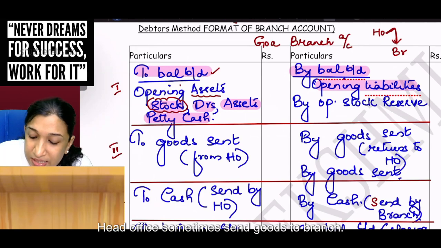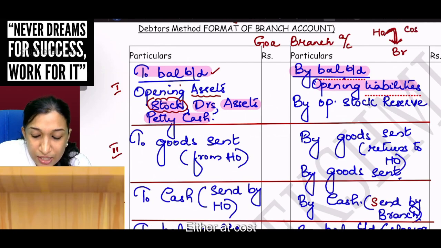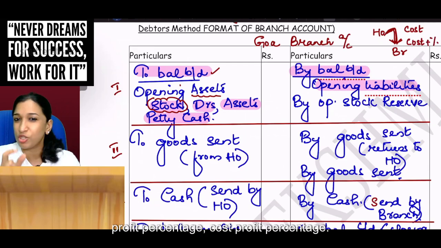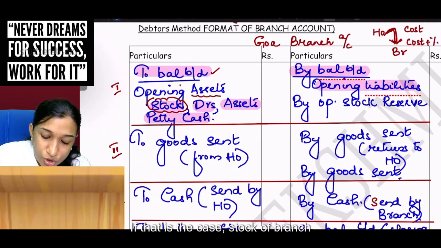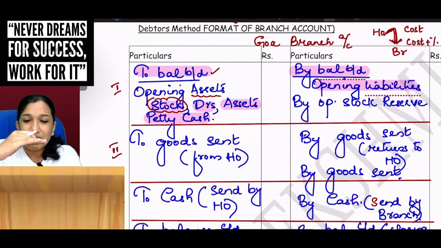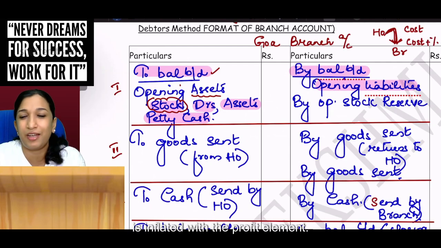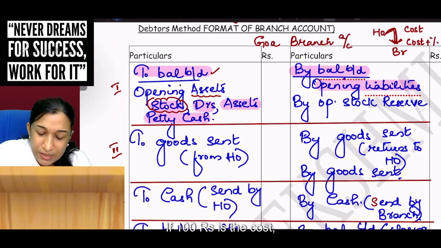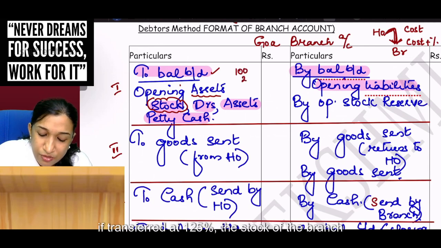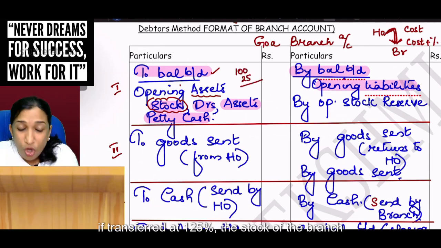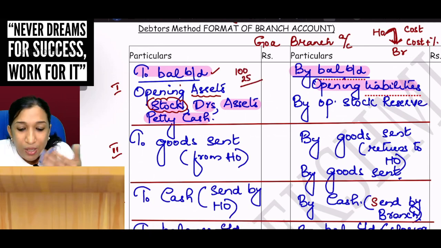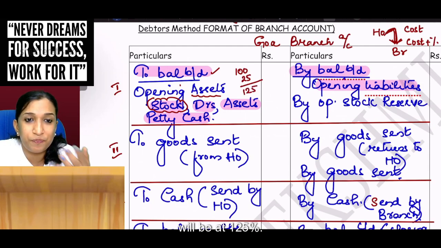Head office sometimes sends goods to the branch either at cost or at cost plus profit percentage. If that is the case, the stock of the branch is inflated with the profit element. If 100 rupees is the cost and it is transferred at 125%, the stock of the branch will be at 125%.